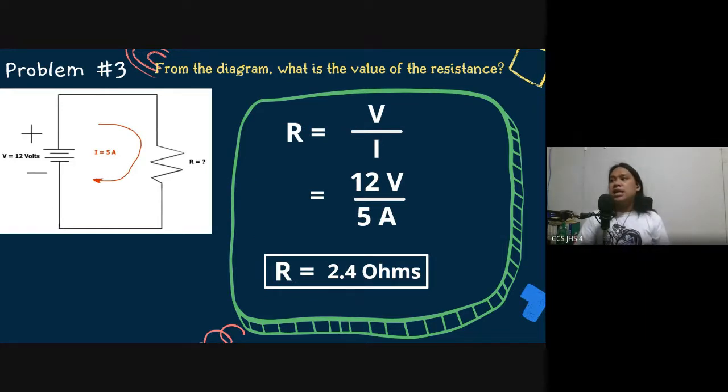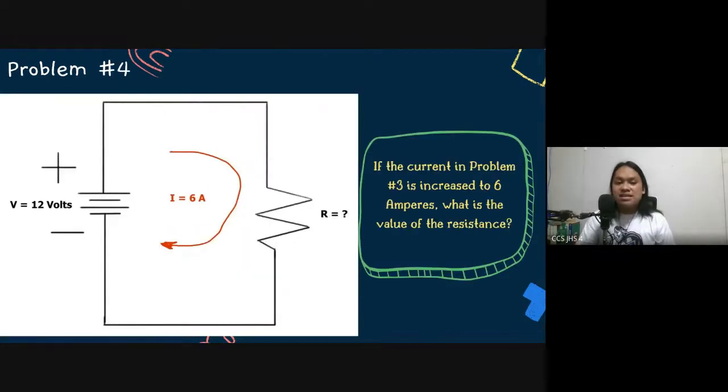Okay, very good. Now, let us try to increase the value of our current. From 5 amperes, or 5 amps, let's make it 6 this time to see if Ohm's law is really correct. Same value for our voltage, 12 volts, but this time we increased our current from 5 amperes to 6, and we are going to look for the value of our total resistance.